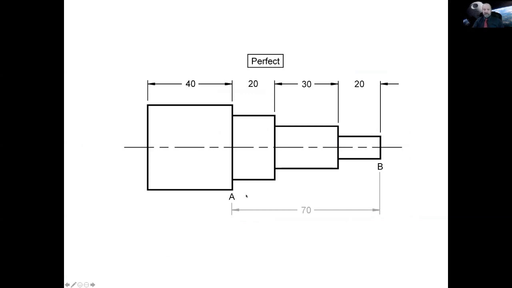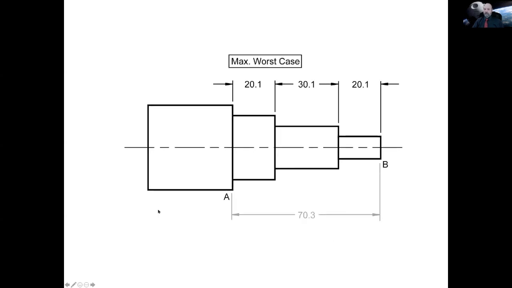So it's 0.3. Because if you look at the possibilities, this would be perfect: this measures at 20, this measures at 30, this measures at 20. So the distance between A and B in this case would be 70. Now here's the worst case. Each one of those components is big by 0.1.